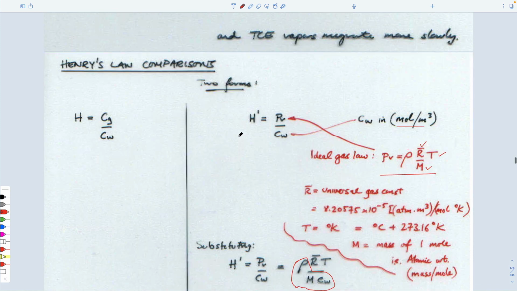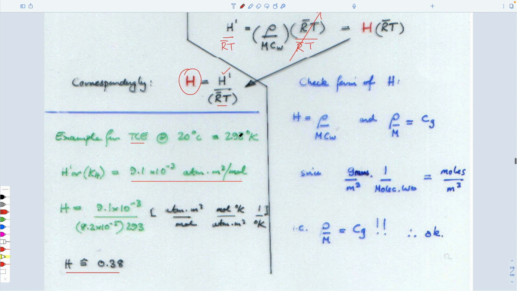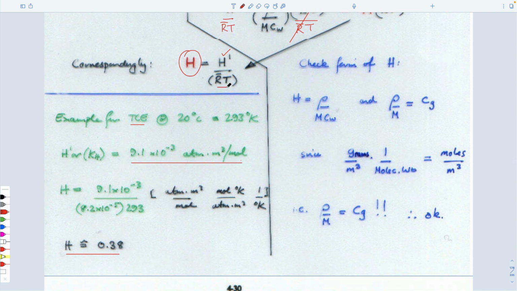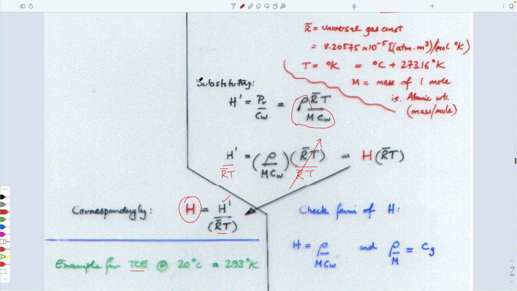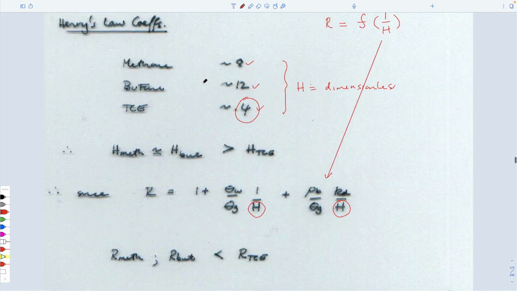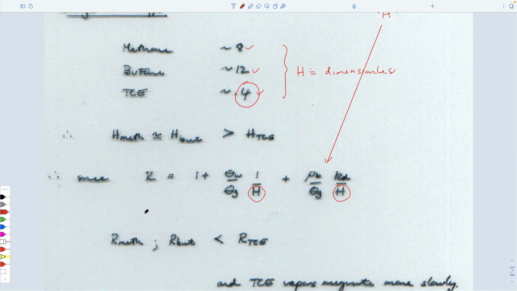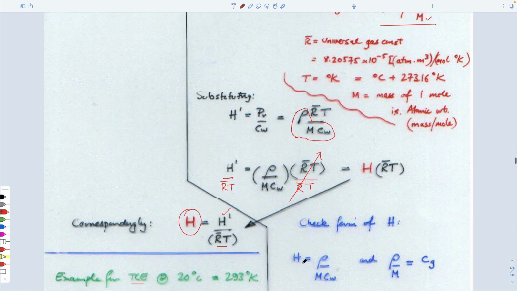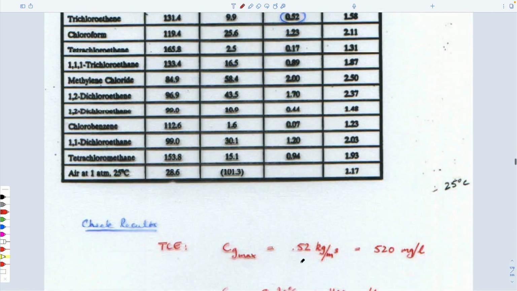So that's where it came from. So if you have access to Henry's law coefficient in dimensional form, you can always define it dimensionlessly. And if you can define it dimensionlessly, you can use it to figure out exactly what this retardation magnitude would be. And that allows you to say something about the motion of fluids.